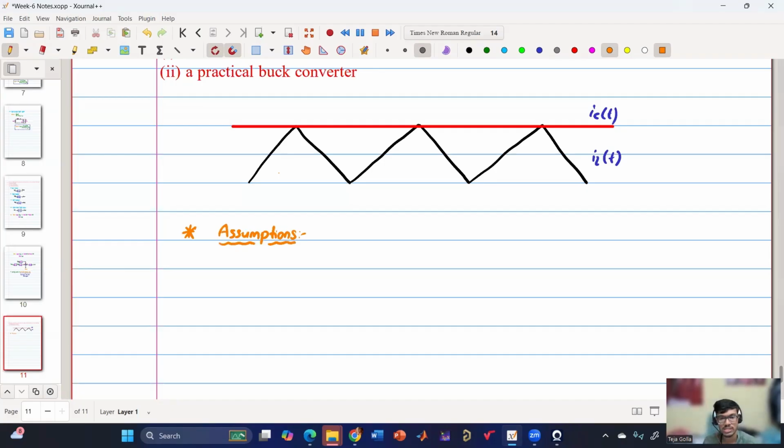So the first assumption is we'll consider IL of t to be equal to IC of t. So we'll ignore the ripple. If we ignore the ripple, then IL of t in the average sense will become IC, right?